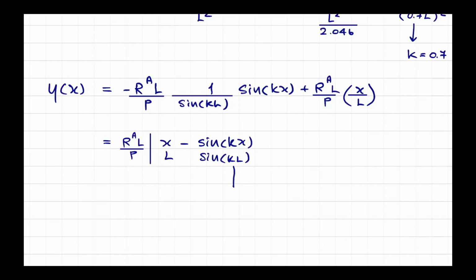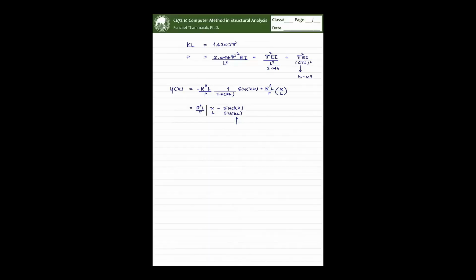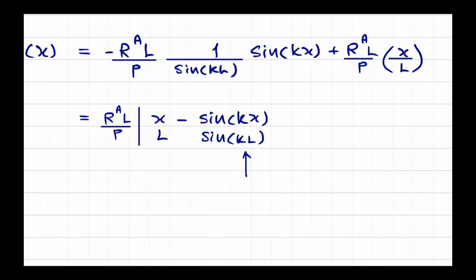Knowing that the KL value is equal to 1.4303 pi, that is going to plug in. And how about the sine term at the top?